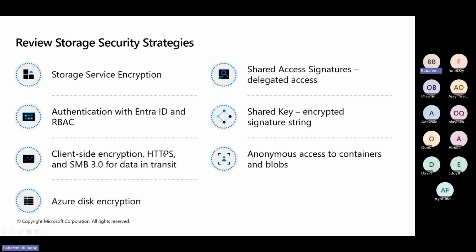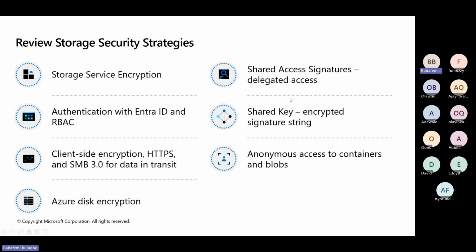Then we look at client-side encryption, where we talk about how we secure our data that is at rest or in transit. So we look at that. Disk encryption, and shared access signature, which I talked about, the SAS. You only want to give access to a particular URL and not the entire container. The encrypted key still goes with the shared key.